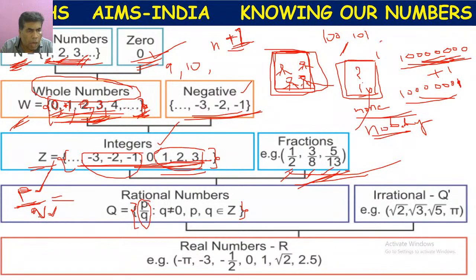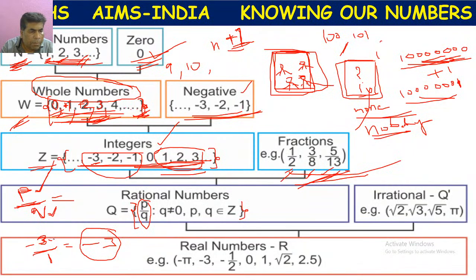Numerator by denominator. Suppose we have -3, we can write it as -3/1, which is equal to -3 only. How can we write -3? We can write it as -3/1. Why?